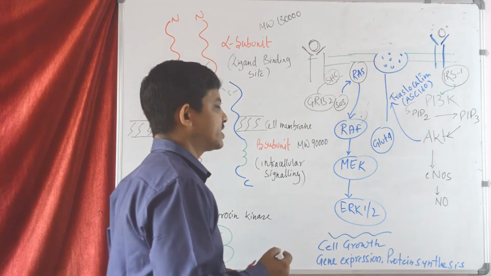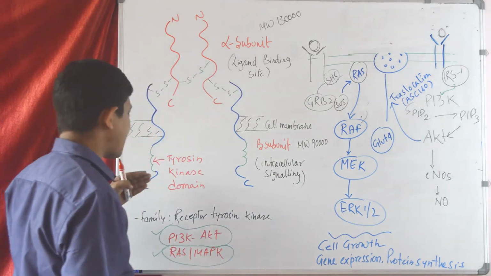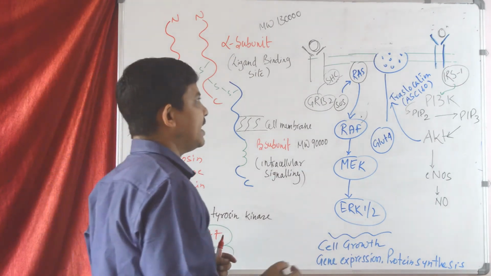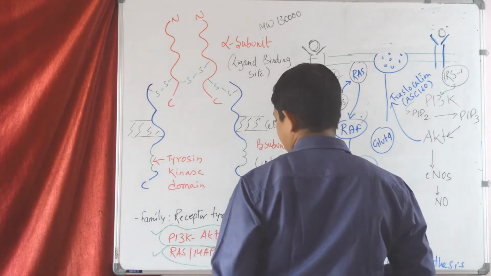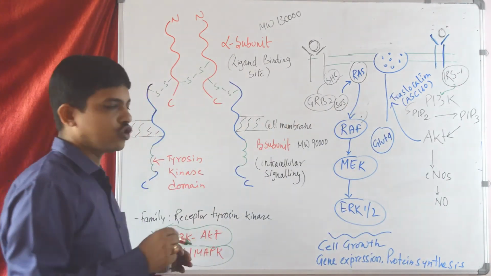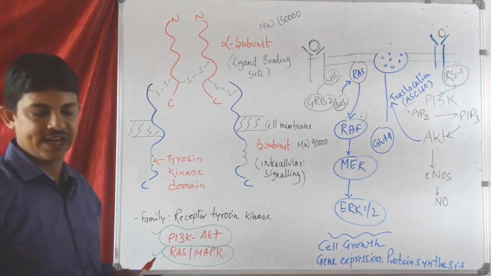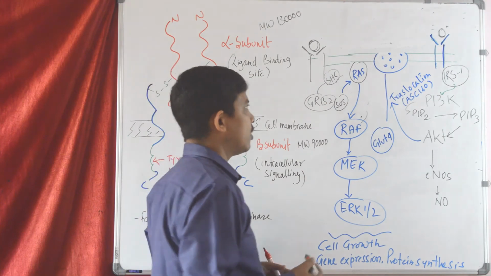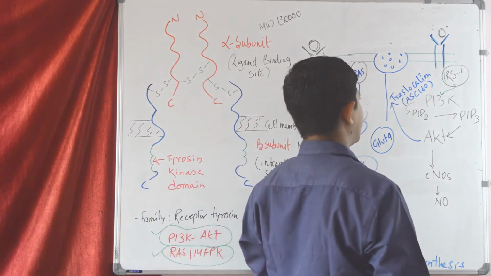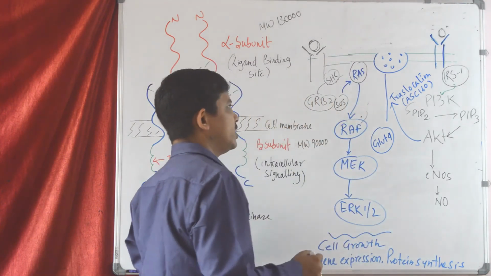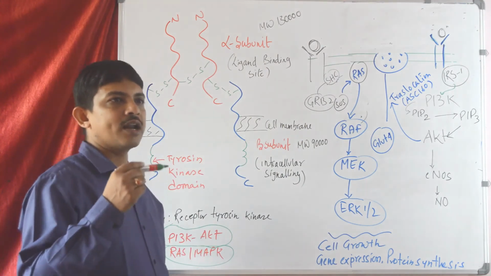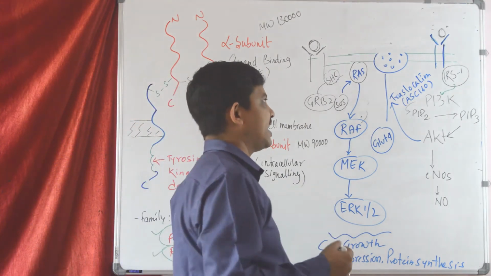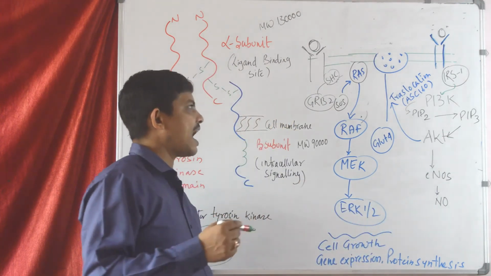Now we are going to discuss these two pathways, how insulin produces its effect. When insulin binds to the insulin receptor, the tyrosine kinase domain will undergo phosphorylation. Whenever phosphorylation takes place, the insulin receptor substrate, or IRS, will undergo phosphorylation, giving IRS1.